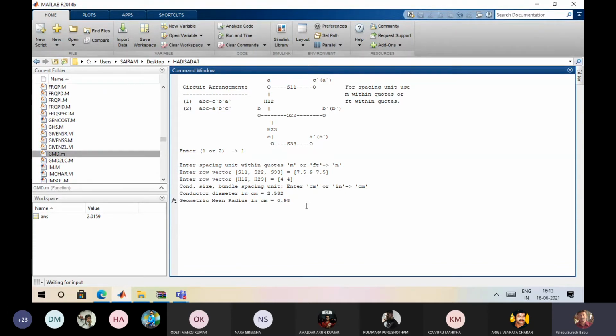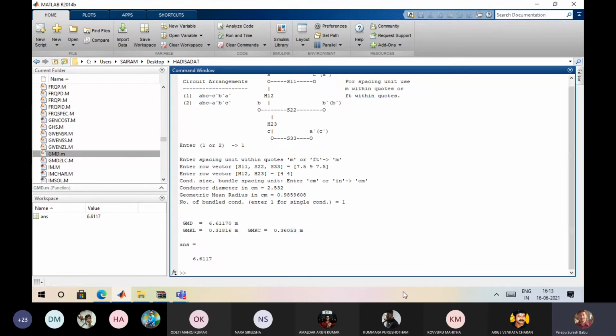But to calculate the geometrical mean radius for inductance, we have to multiply with 0.7788, and the number of bundles is 1.